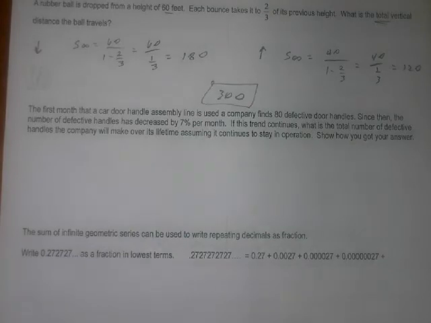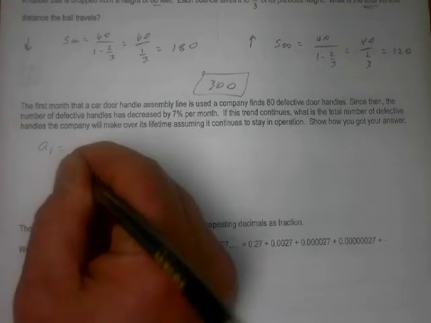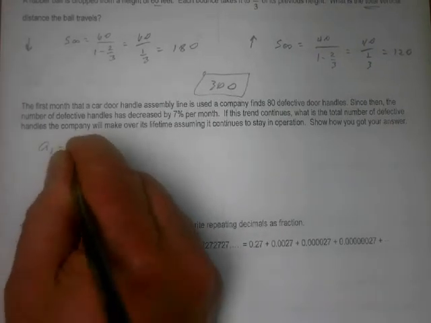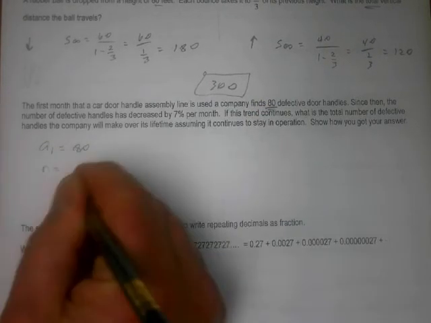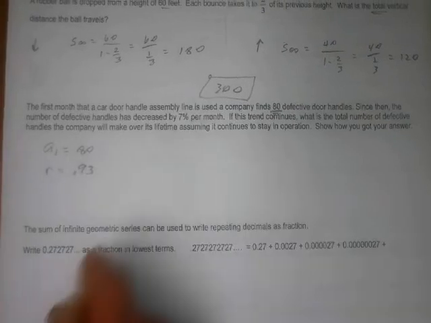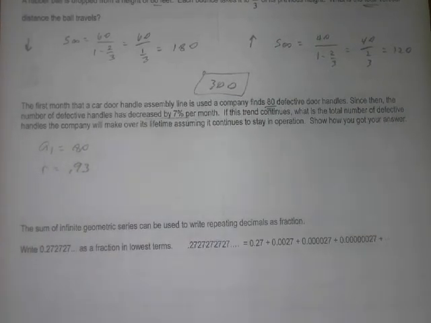Okay, next example. The first month that a car door handle assembly line is used, a company finds 80 defective door handles. Since then, the number of defective handles has increased by 7% per month. This trend continues. What is the total number of defective handles the company will make over its lifetime, assuming it continues to stay in operation? So how did you get your answer? Well, what we know is that a sub 1 equals 80. Got that from right here. r equals 0.93.